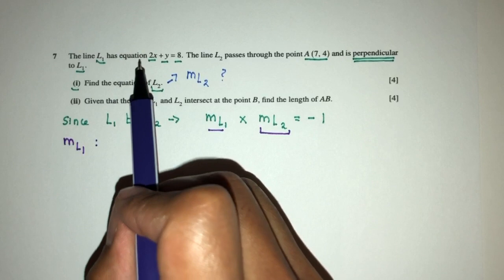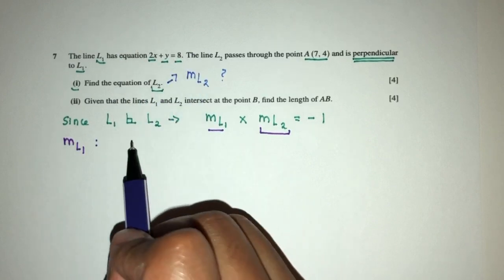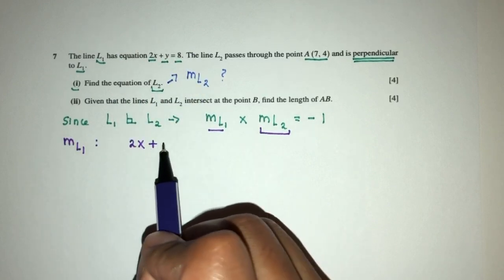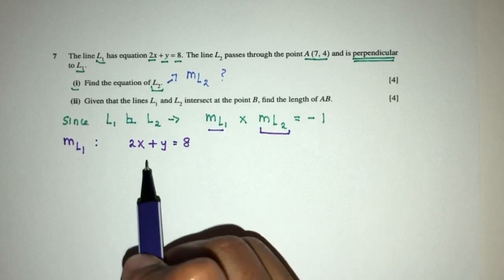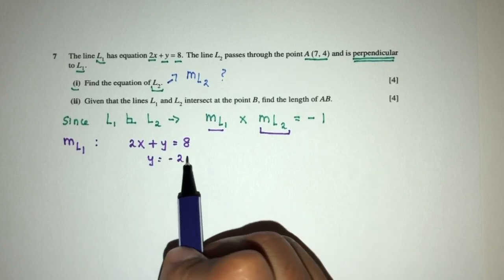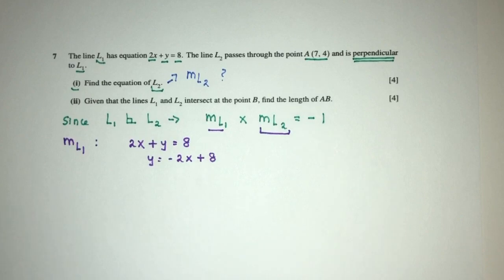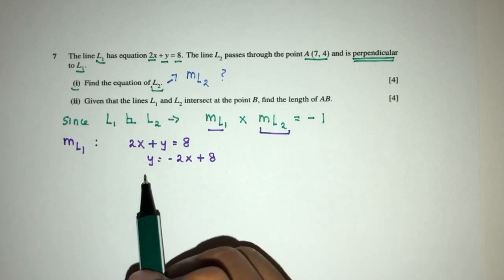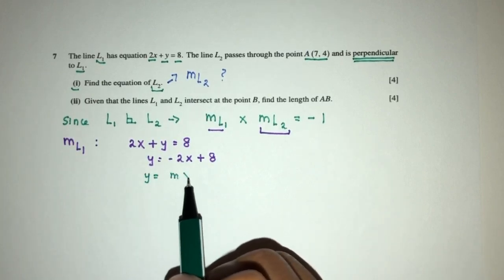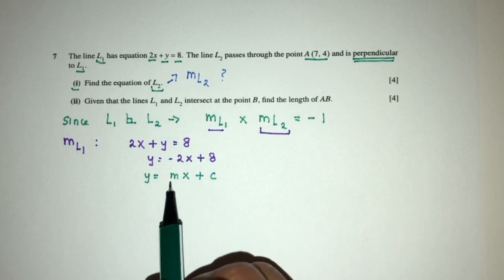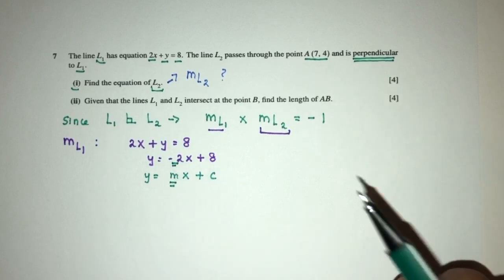So let's observe. The equation of L1 is given to you by 2x plus y is equal to 8. So y will be minus 2x plus 8. Now by comparison, y is equal to mx plus c. The value here will be the gradient, right? So we know this.